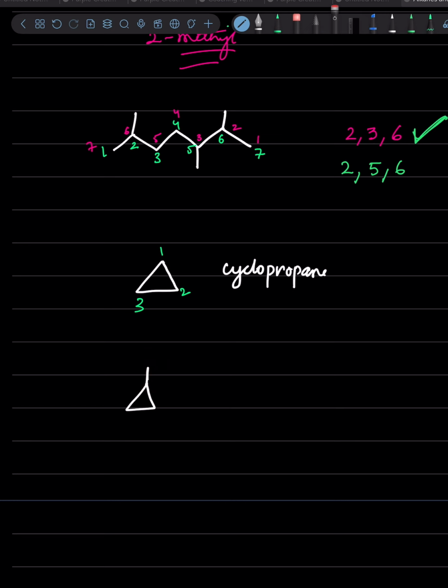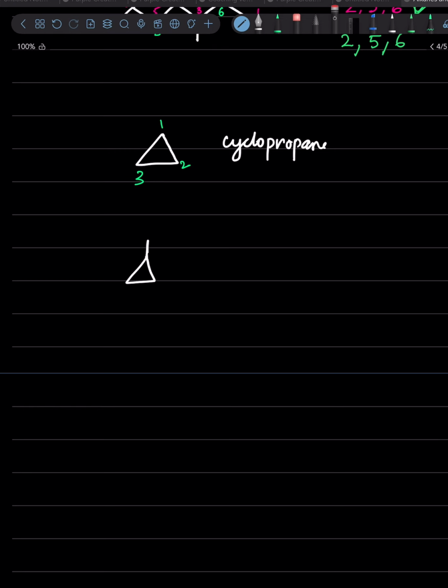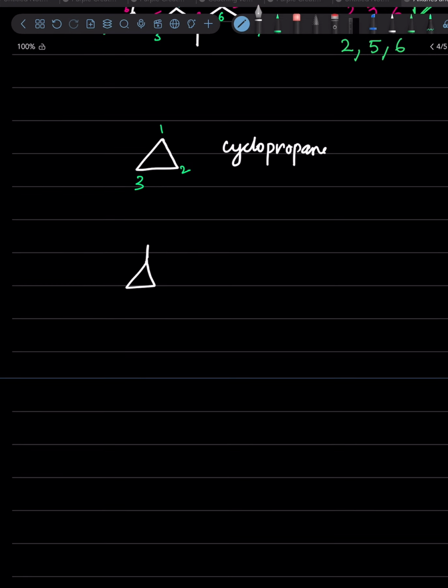You will name it as methyl cyclopropane. You need not number it, because when there is only one substituent, you can just say methyl cyclopropane. That's it.